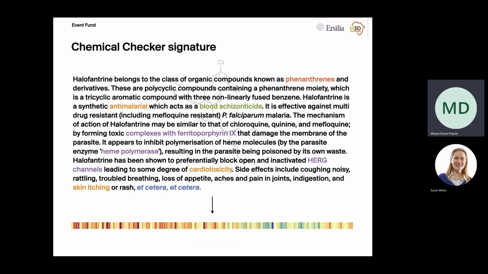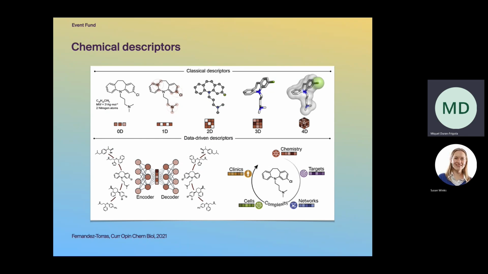So the idea would be to go to the public domain, try to capture all of this information and convert it into a numerical format that is more or less comparable to the conventional descriptors. And this is what I call the Chemical Checker, a resource that we published in Nature Biotech last year or 2 years ago.